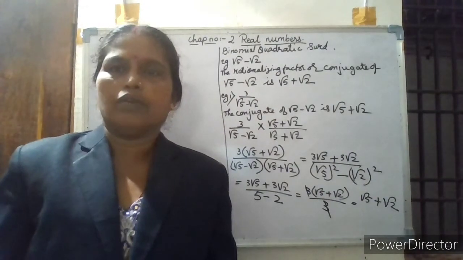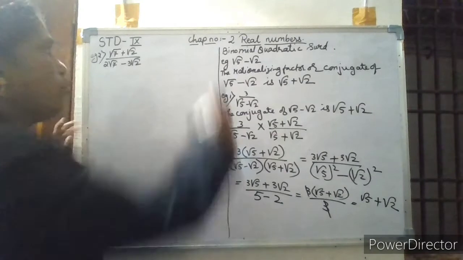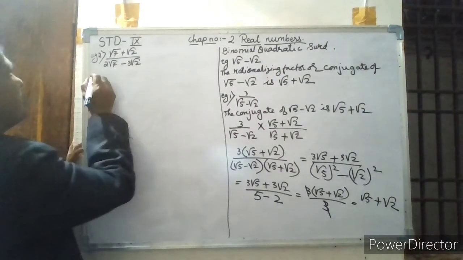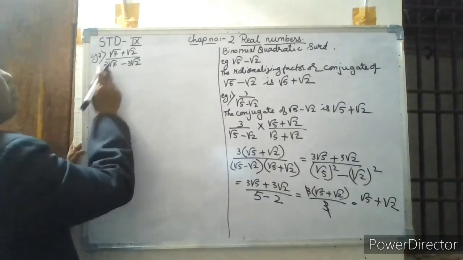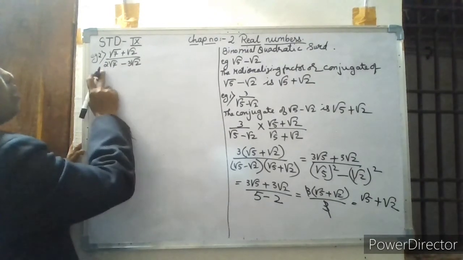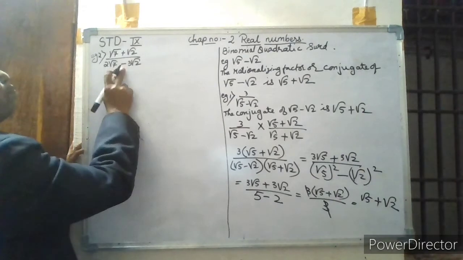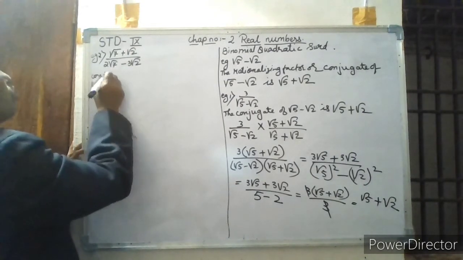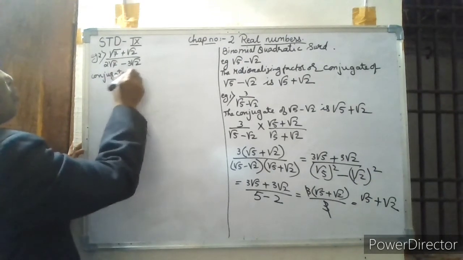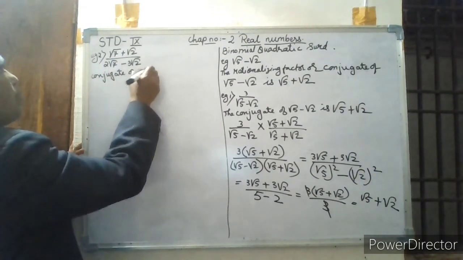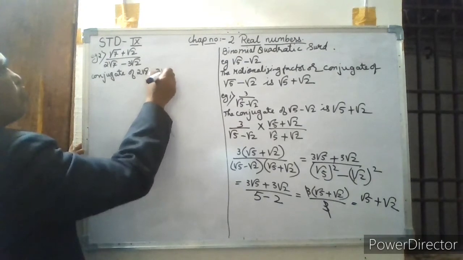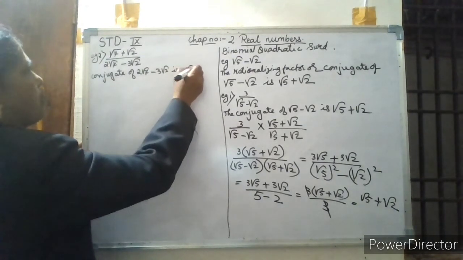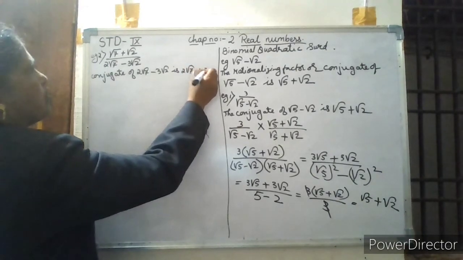Second example of a binomial quadratic surd. First example is given here. Now the second example I have given. Say here the denominator is 2 root of 7 minus 3 root of 2. So the conjugate of 2 root of 7 minus 3 root of 2 is 2 root of 7 plus 3 root of 2.